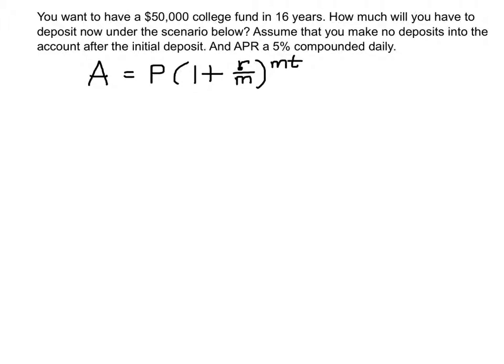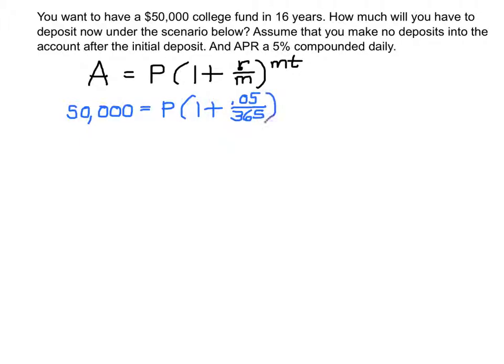Well, let's go ahead and fill in the amounts. The final amount we want to have is $50,000, so put 50,000. We do not know the starting amount, that's the question, so we put P. And this is 1 plus a rate of 0.05 over 365, because m represents the number of days in a year.